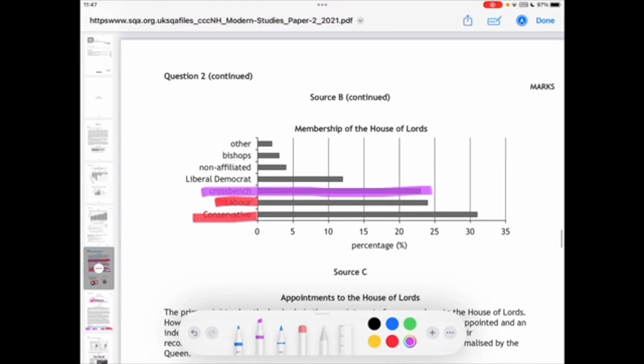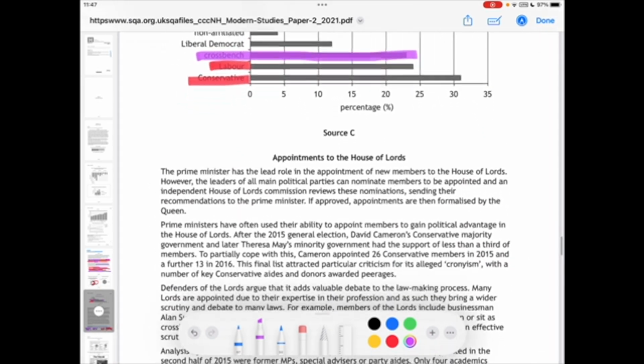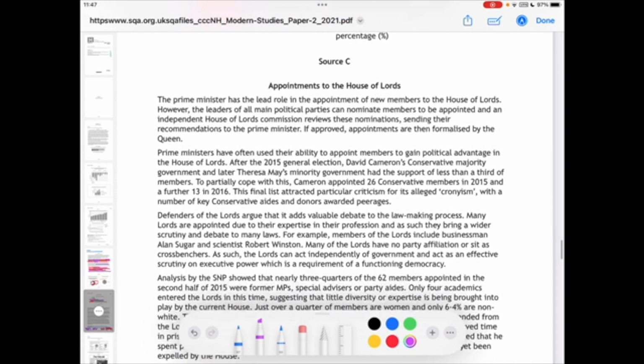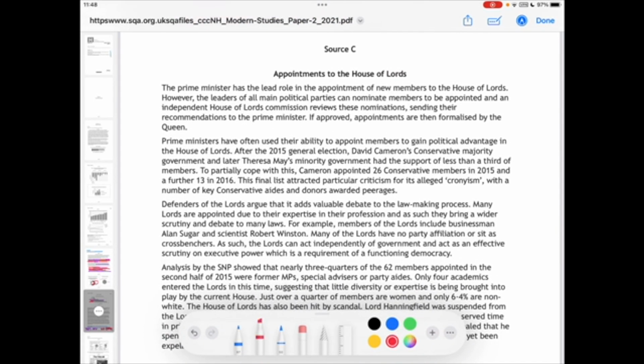So we can see there's lots of reasons so far to consider them undemocratic. If we go here, we can see Prime Ministers have often used their ability to appoint members to gain political advantage in the House of Lords. Cameron appointed 26 Conservative members in 2015.